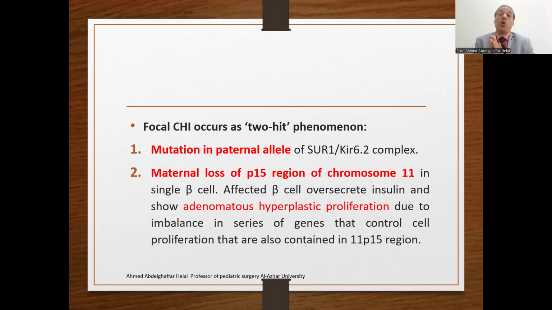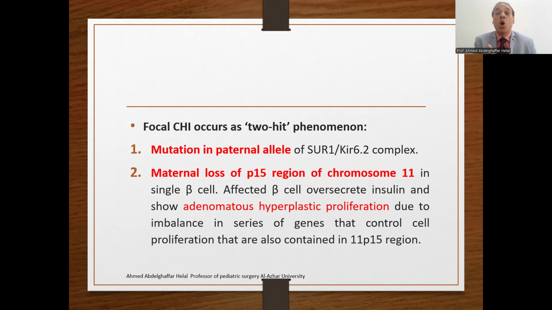On the other hand, the focal form may occur as a two-hit phenomenon, or as a two-component, maybe a mutation in a single paternal allele of the genes of the SUR1 and Kir6.2 complex. Maybe a mutation in the paternal, we mean from the father. The gene inherited from the father that codes for the functions of the potassium ATP channel may be mutated.